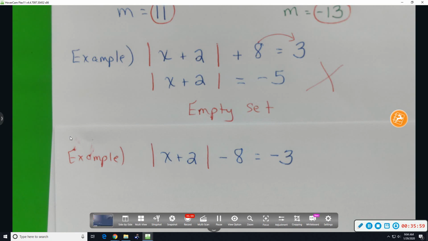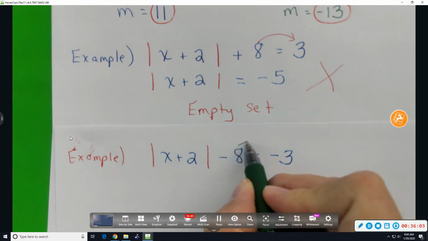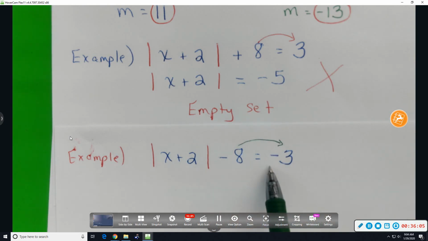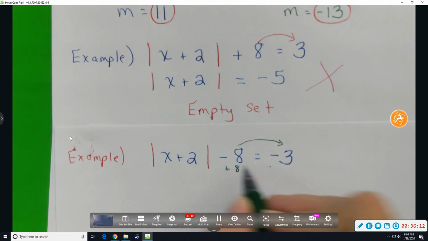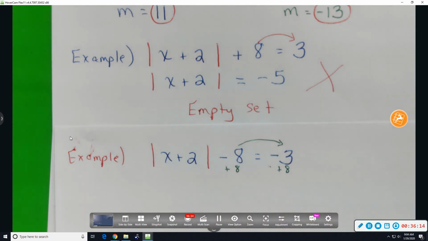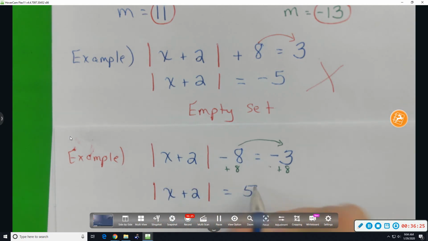What would I do first? I'd have to move that 8 over. At first glance, if you see that negative on the right, you might think empty set. But wait. First, you've got to isolate those absolute value bars. And once you isolate them, it's just a 5. So, do I write empty set or am I not finished?